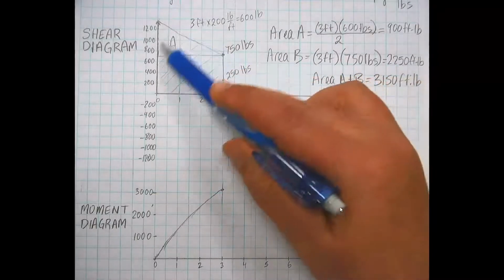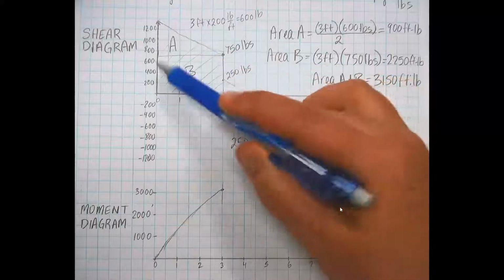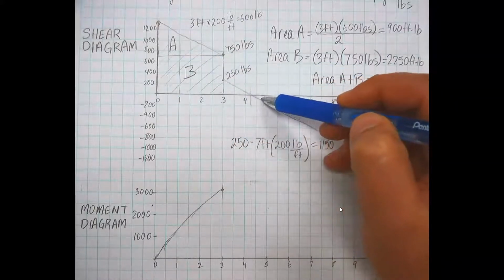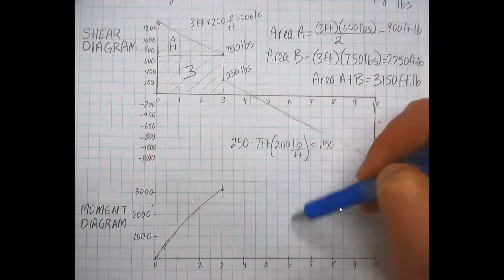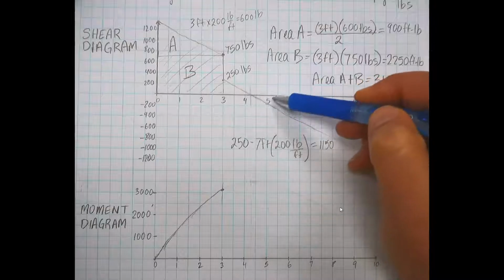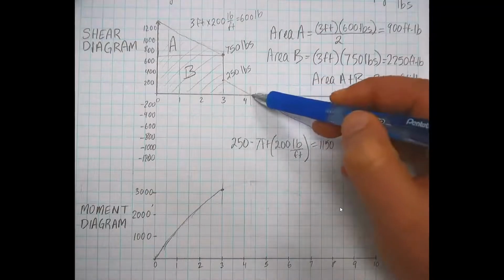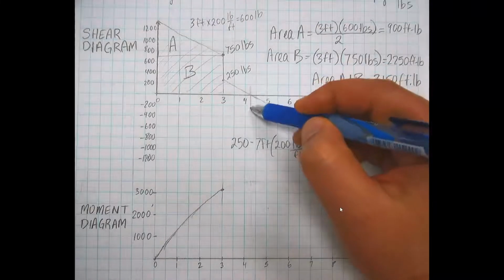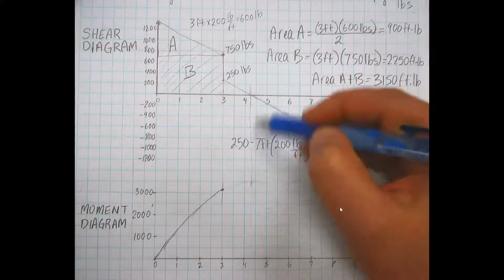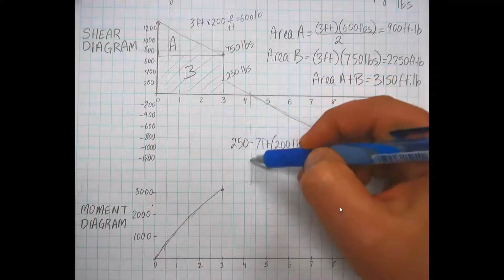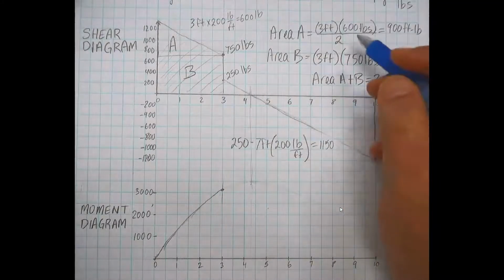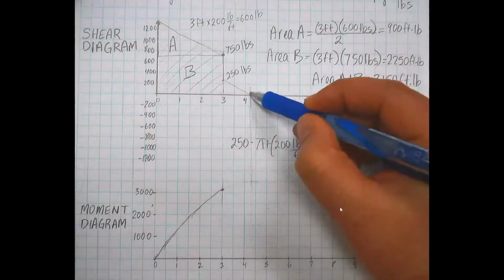That is when we've added up all of the positive area, and then anything after that, represented on the moment diagram, we're going to be adding on area that's in the negative range, and so we know it's going to be descending after this point. So this point here is actually going to be our maximum moment.